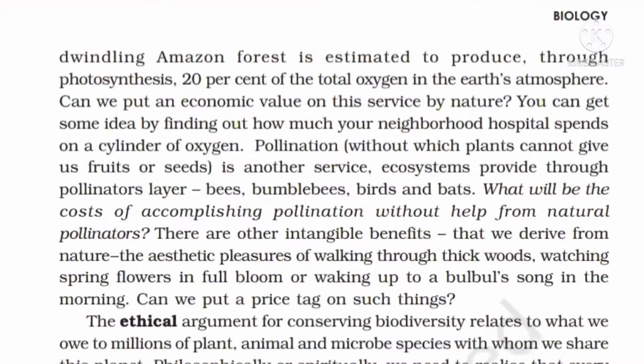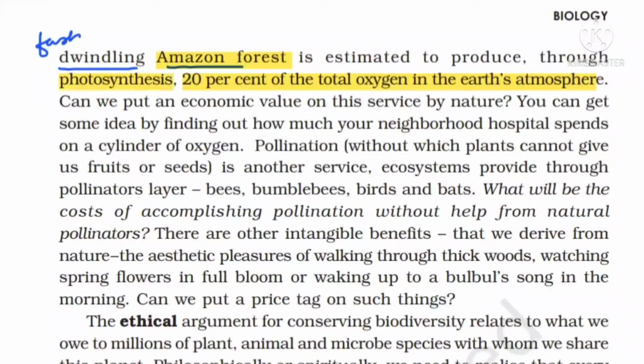Now see, the very fast dwindling, which means diminishing, the fast diminishing Amazon rainforest. It was producing nearly 20% of oxygen. The Amazon rainforest is actually contributing 20% of the total oxygen of the Earth's atmosphere through the process of photosynthesis.